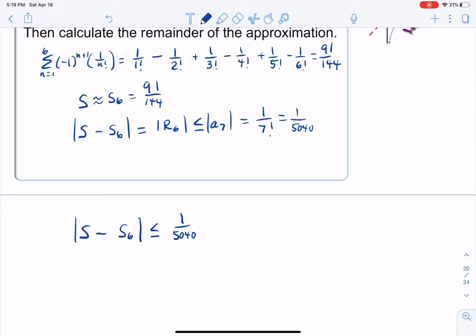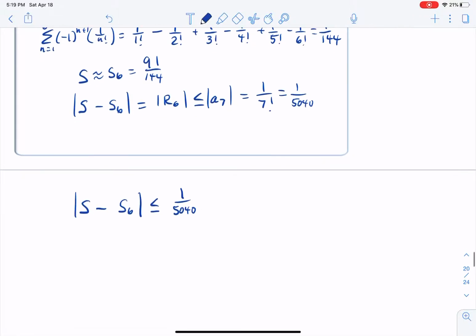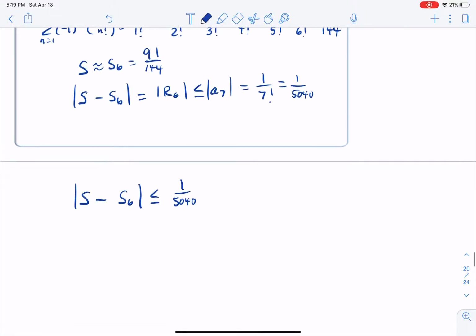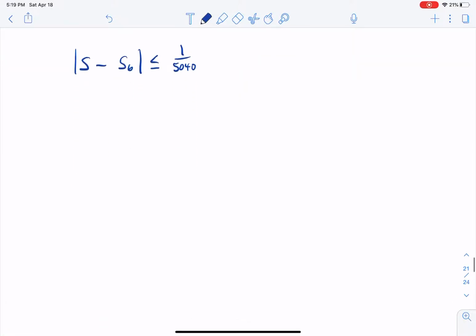If I were to take this absolute value inequality and get rid of the absolute value, this is an and inequality. It gets sandwiched in between the positive and negative version of this 1 over 5,040. So I have negative 1 over 5,040 is less than or equal to S minus S sub 6, which is less than or equal to the positive one.